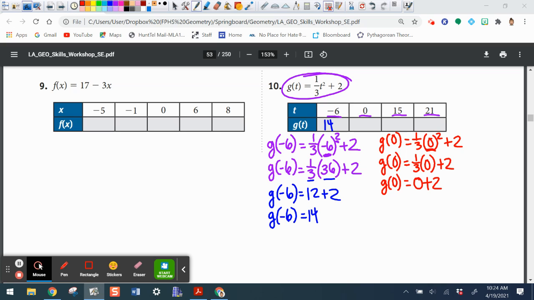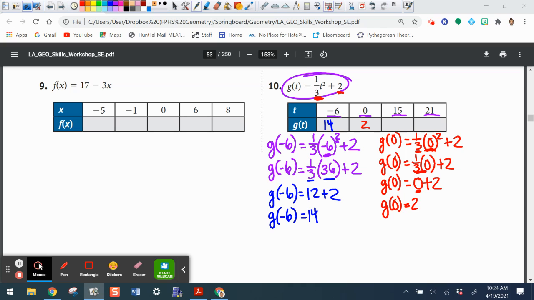So when we plug in 0 here and we're squaring 0 and multiplying it by 1/3, this term eventually becomes the number 0. Because 0 times any number, including itself, is 0. So g of 0 will equal, well, what's 0 plus 2? None other than 2. So this entire term here, when we plugged in 0 for t, became 0. So we were left with positive 2.